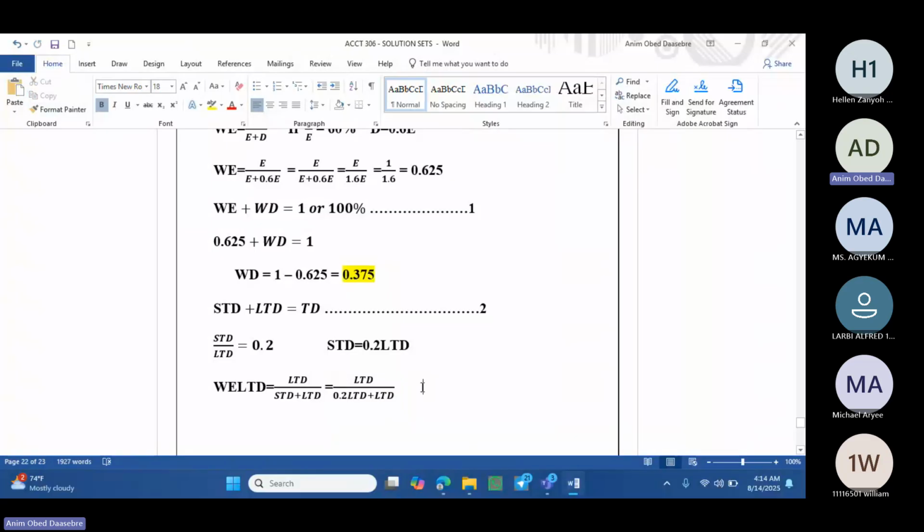In expanding it, we see that the LTD, this one, is standing alone. If it's standing alone, the coefficient of long-term debt is 1. You see, it's 1.